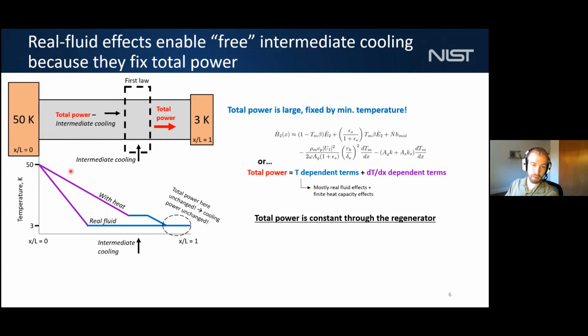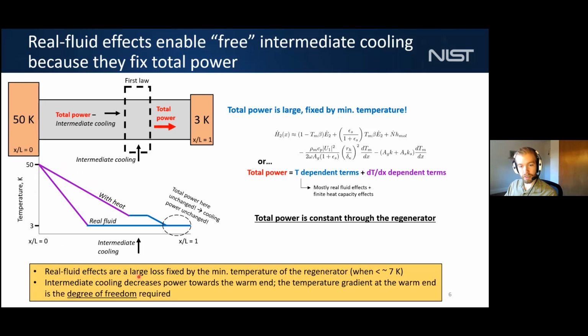So as a summary here, real fluid effects are a large loss fixed by the minimum temperature of the regenerator. And when we apply intermediate heat, we decrease power towards the warm end. So the degree of freedom required for all this to work is that the temperature gradient needs to have some flexibility near the warm end.